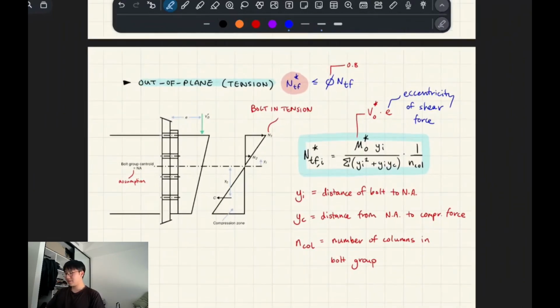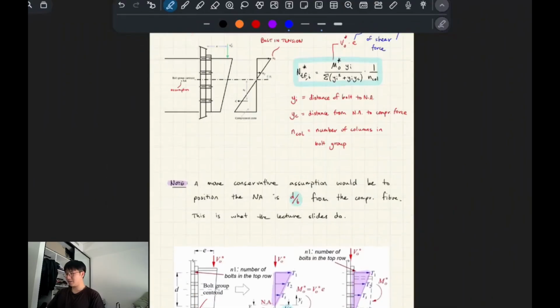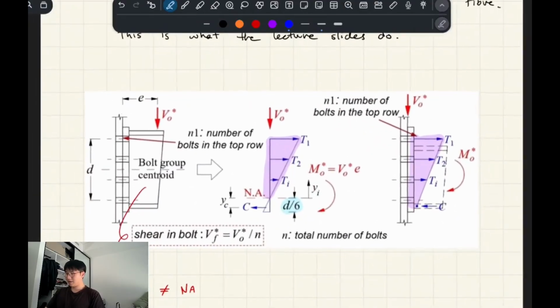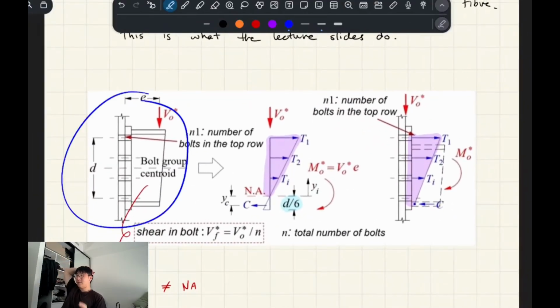But it's just a matter of using the formulas and plugging it in properly. The other thing is if you have out of plane moments or tension. I don't believe this is in the course, but it's kind of similar to what I drew towards the start with the end plate to end plate splice connection. Imagine you have these 2 end plates, right? And then one of them is being bent, or both of them are being bent. Essentially you can see the two plates bending out like that, or prying apart.